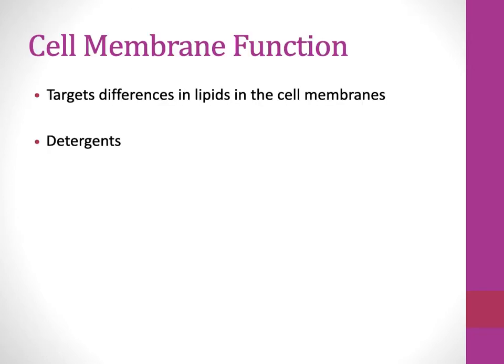With cell membrane function, we want to keep in mind that our cells are made up of cell membranes, and there's a lot of homology between prokaryotic and eukaryotic cell membranes. So the idea is that you're going to target lipids that are unique to microbes in their cell membranes. It is a more limited category, again because of the risk of toxicity. Most of these, like polymyxin, tend to have a detergent-type look.